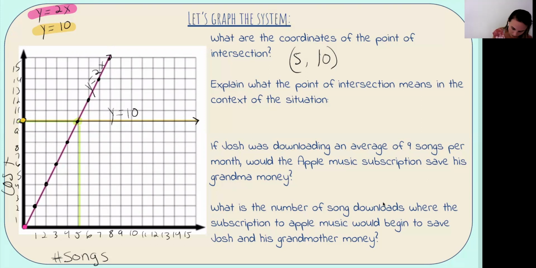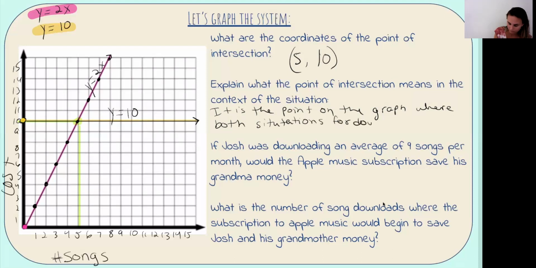So it is the point on the graph where both situations for downloading songs cost the same.